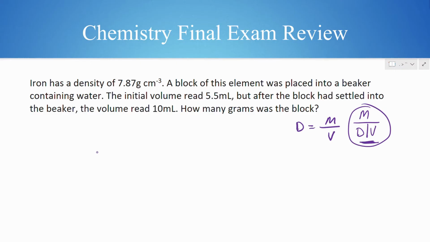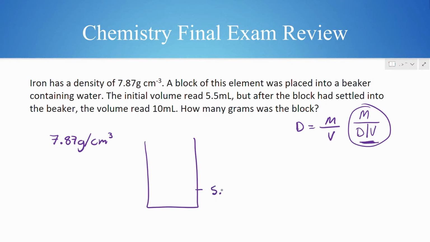Alright, so let's start this problem. So the density given is 7.87 grams per centimeter cubed. The initial volume was 5.5 ml, so the volume started around here.